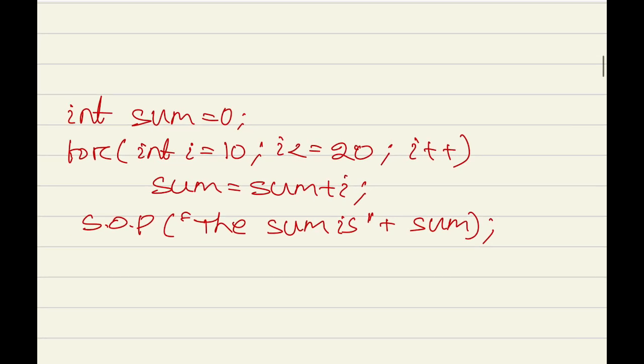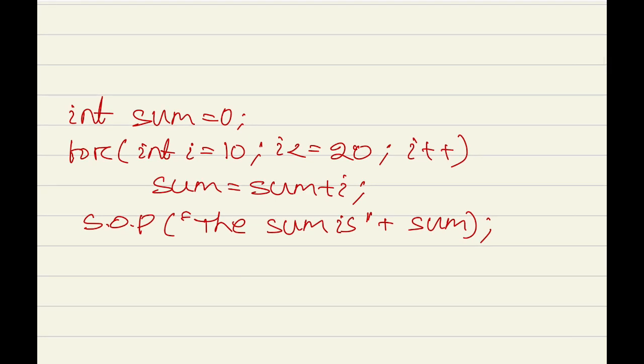So if we want to write a common code to compute the sum of the integers of different starting values and ending values, instead of writing some particular value 10 and 20, we can write a common value, like it is a and it is b.